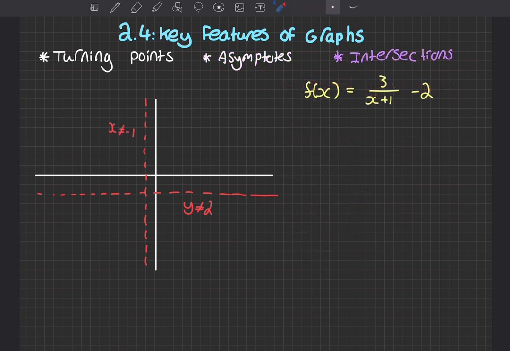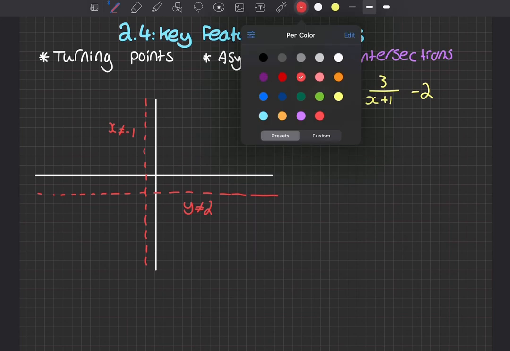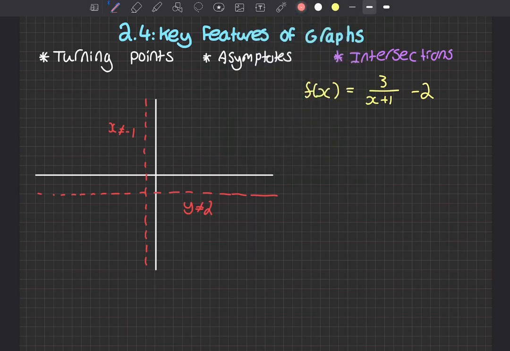And then we move to our final key feature of a graph, which are intersections. And your intersections are basically the points where your graph touches either the y-axis or the x-axis, where the y-intercept is where your graph touches the y-axis, and the x-intercept are the places where your graph touches the x-axis. Pretty self-explanatory. So we'll use the same function to demonstrate this. First we'll start with our y-intercept. The y-intercept is when the graph touches the y-axis here, so x equals 0.